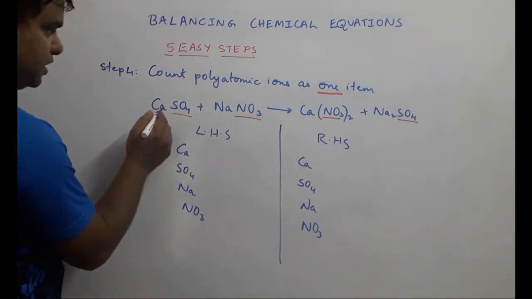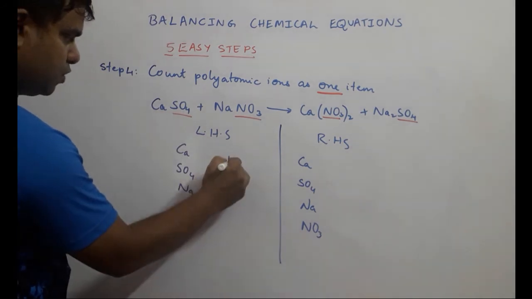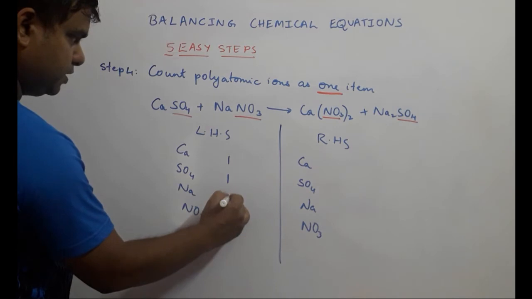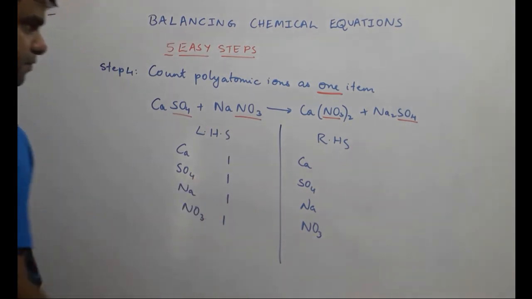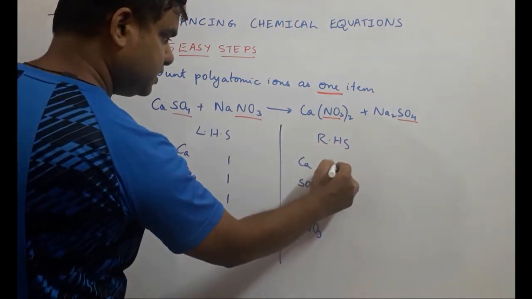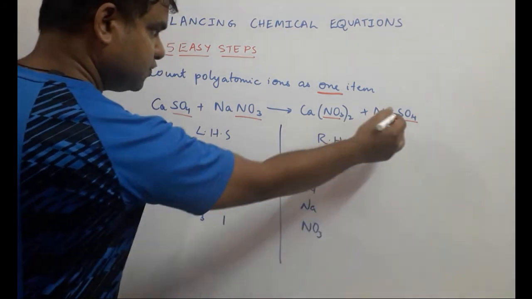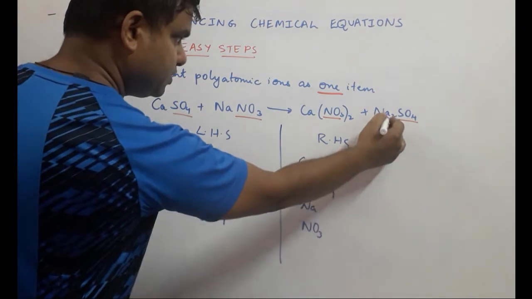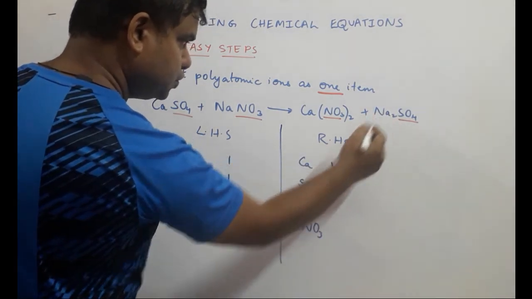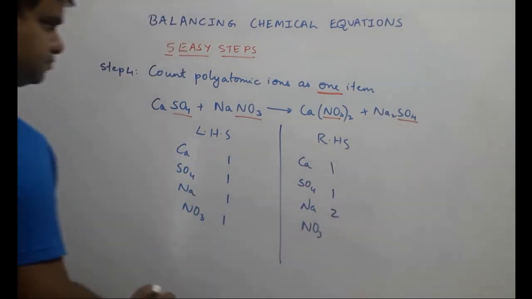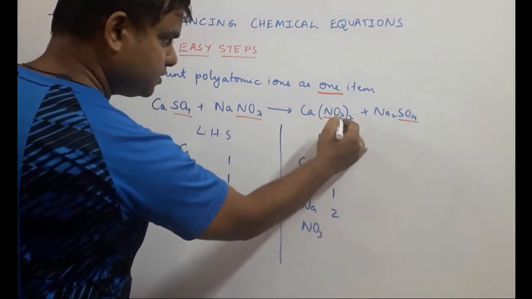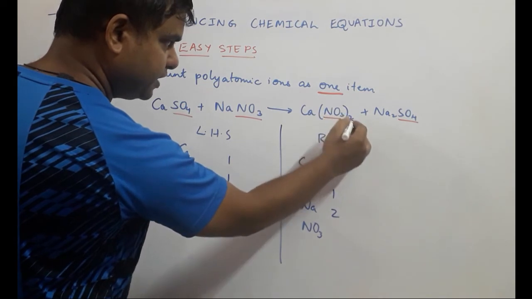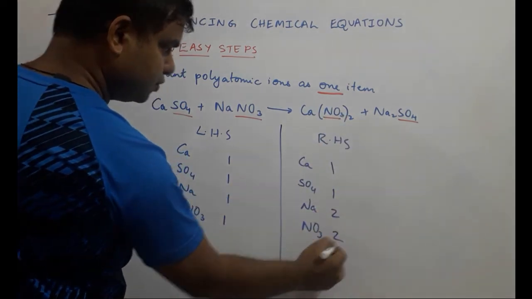Now we count how many atoms do we have of each of them. Calcium, on the left hand side we have 1, SO4 1 again, Na 1, NO3 1. Calcium on the right hand side is 1, SO4 on the right hand side is also 1, sodium Na is 2, so we put 2 over here, and in NO3, see, we put it in bracket, there are 2 of them, so we put 2 over here.